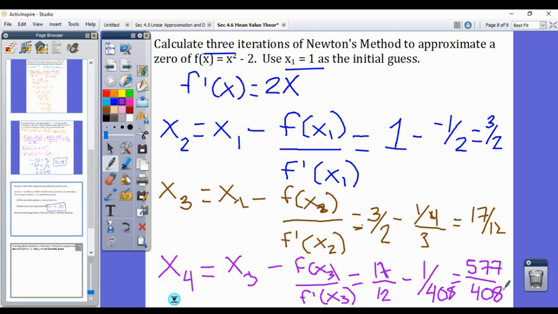All right, let's do one more. So on this next one, I also use the store feature again, because I quickly started getting some decimals.